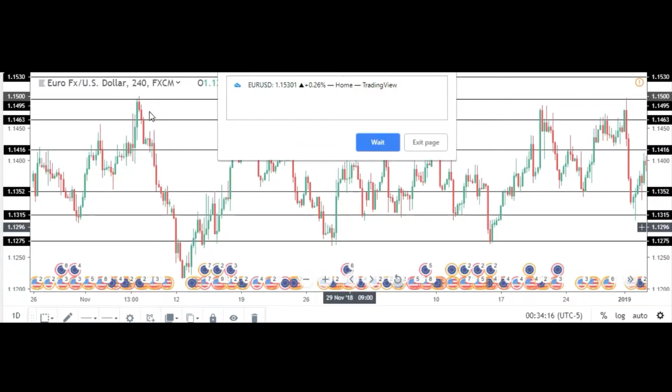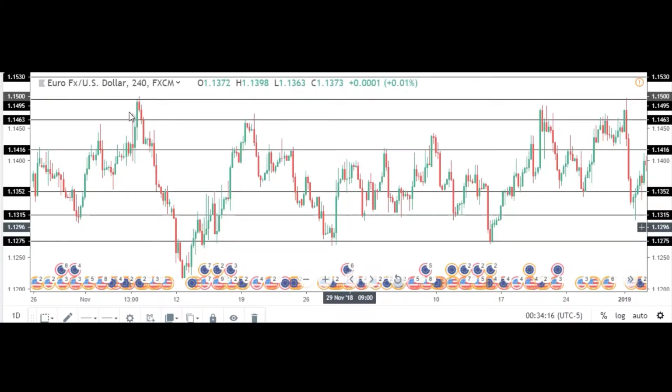Now, you can see that right here, you could have scored over 100 pips. If you would have been waiting for it to come here, you would have scored over 100 pips.